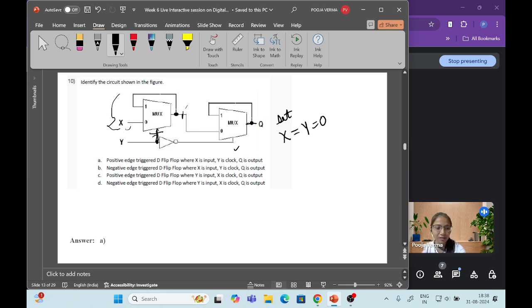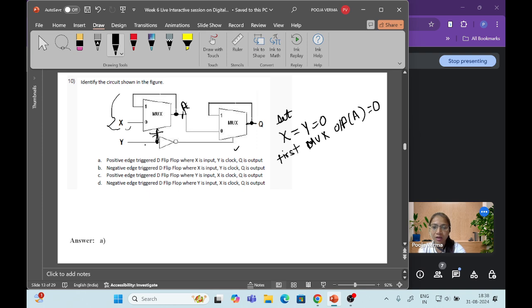Okay, are you understanding? Okay, so for the first mux, we can take any name. It is A. The output of the first mux, the multiplexer, we can say, I am writing it as A in brackets so that it is easy to understand, is 0 because X is 0, right?